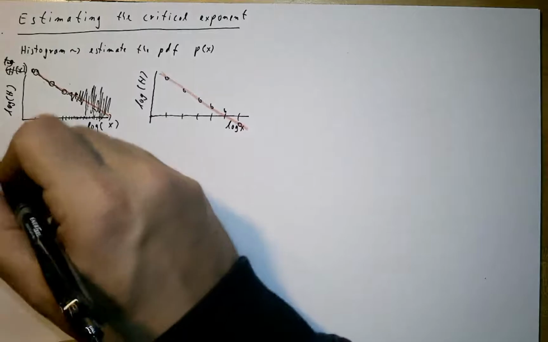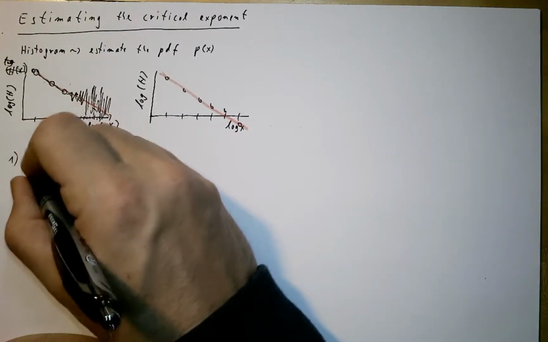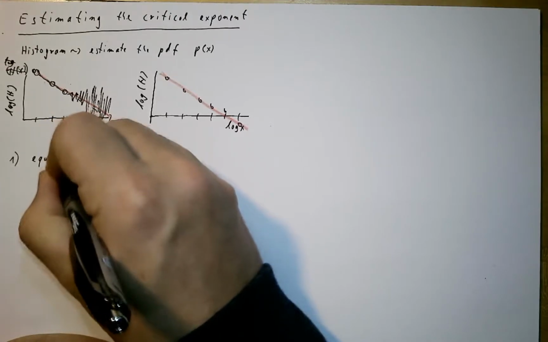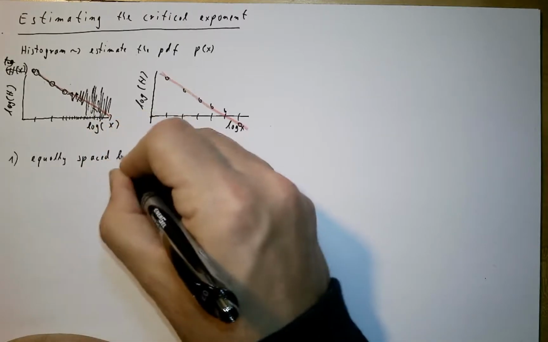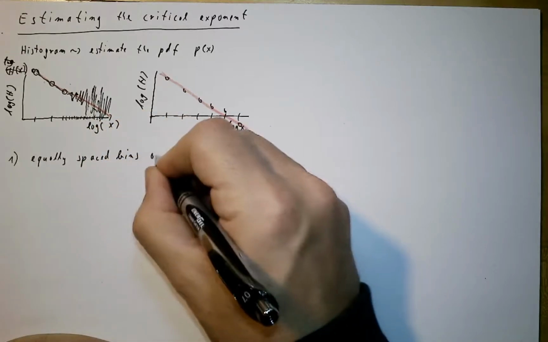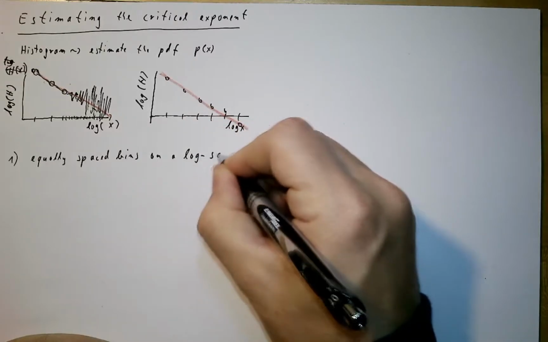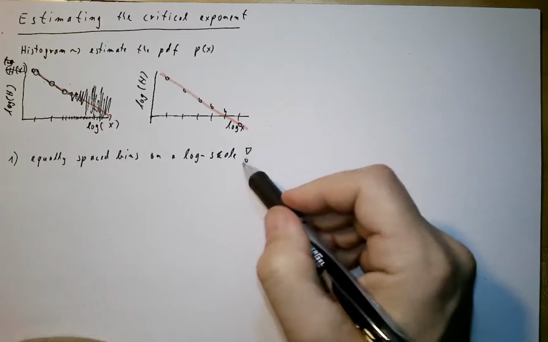So the first thing is that for the histogram you need equally spaced bins on a log scale.